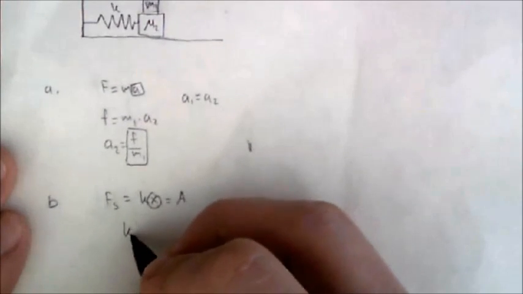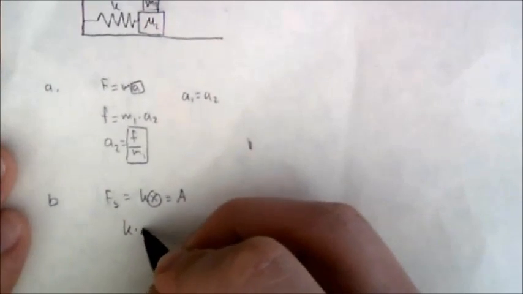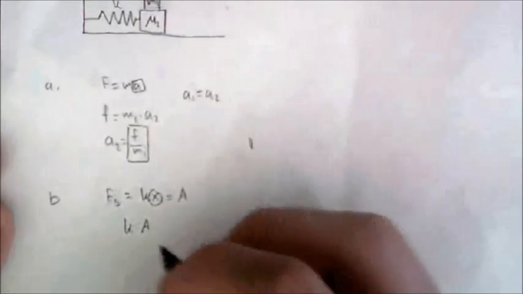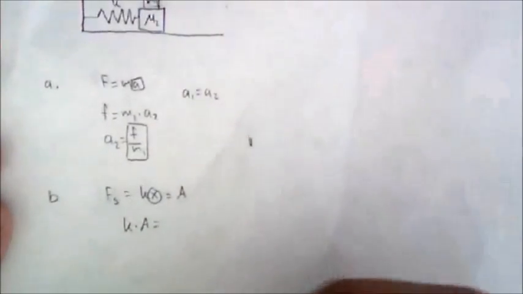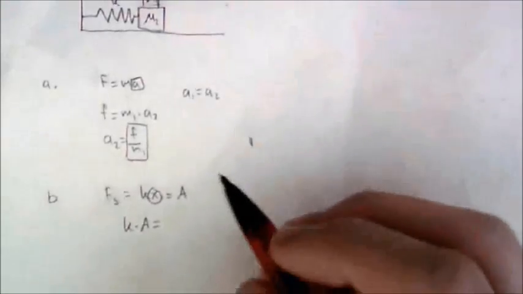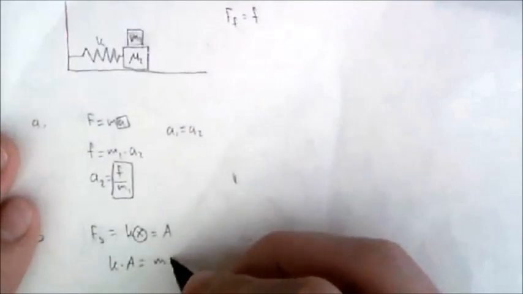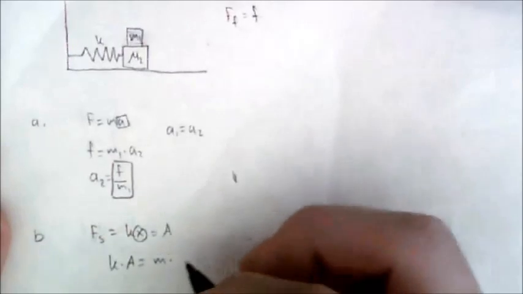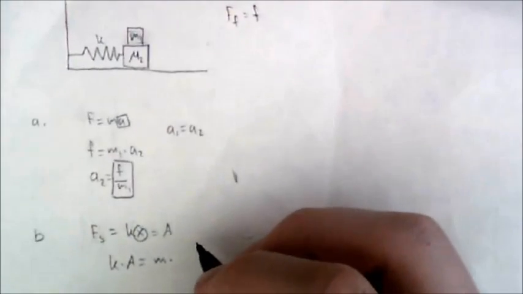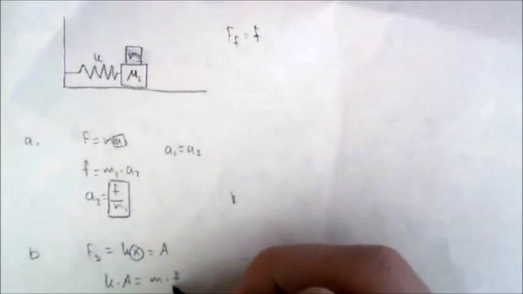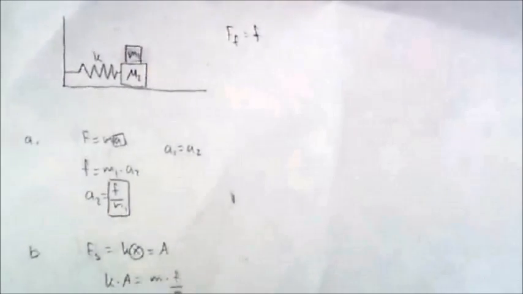So the spring constant times the maximum amplitude, when the spring is applying the most force, has to be equal to the force applied to the system, which is the mass times the acceleration, which we got right here, F over mass 1.